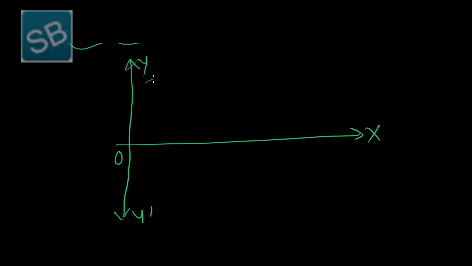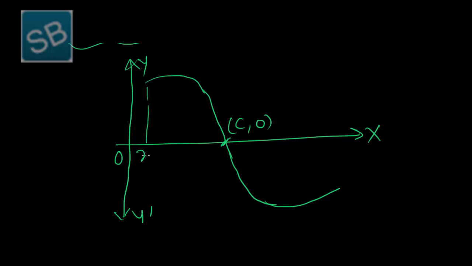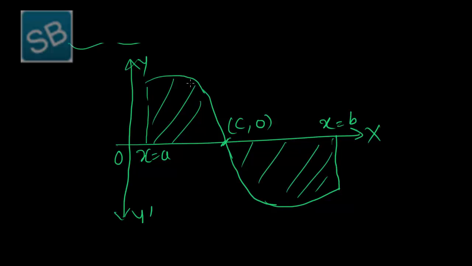So we have a curve intersecting the x-axis at one point. This is the one point, take it as (c, 0), the y coordinate is 0, this is x is equal to a and this is the line x is equal to b. So we have to find the area between these. We can apply the same rule by drawing the diagram, rectangles here.